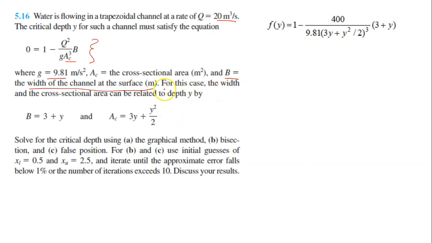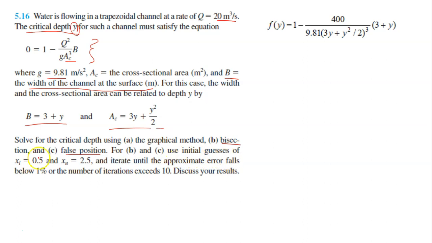So for this case, the width and the cross-sectional area can be related to depth Y by what is given here, B in terms of Y and AC in terms of Y. The question wants you to solve for the critical depth Y. So the unknown here is Y, using graphical method, bisection and false position. Again, I'm more interested in bisection and false position.